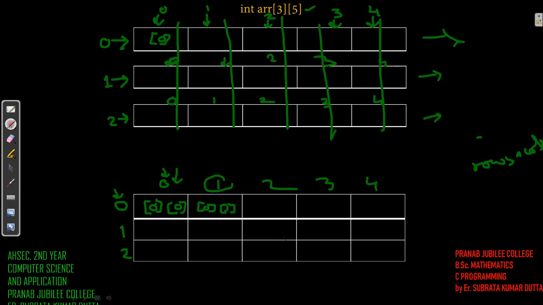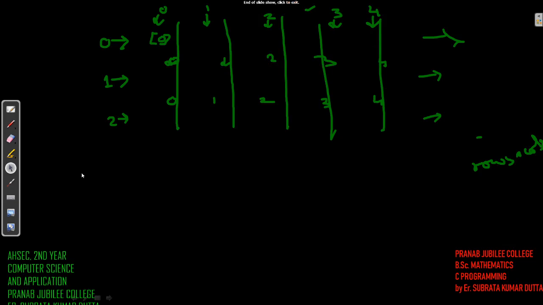Similarly, to indicate this block, which row is it in? Row 1, right? So first we write 1, and after that, which column? Column 3, right? So 1, 3. We cannot write 3, 1, it will be a mistake.